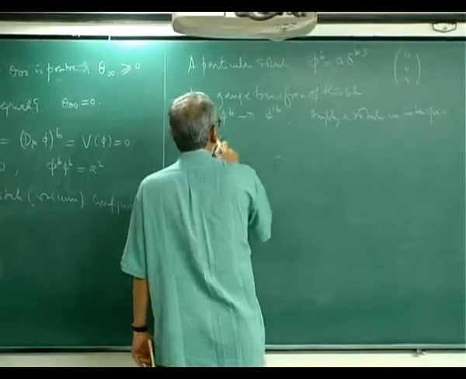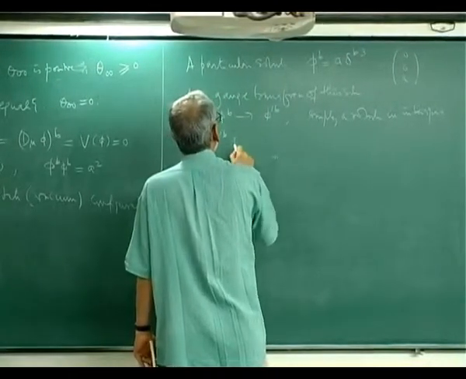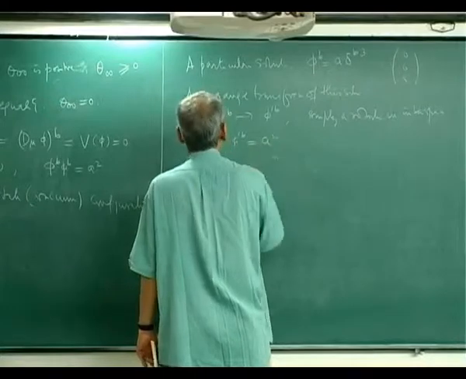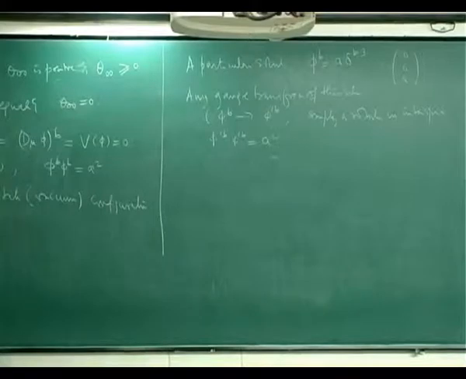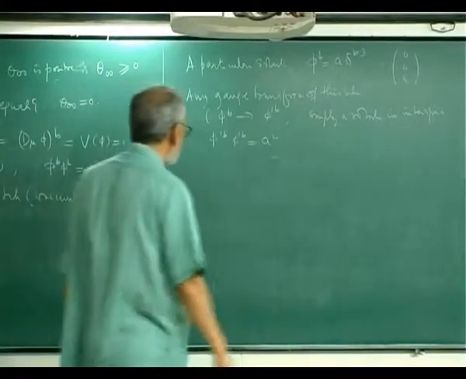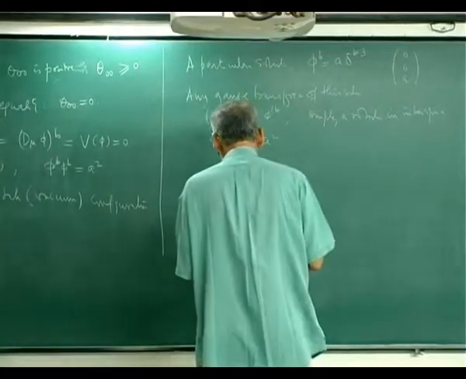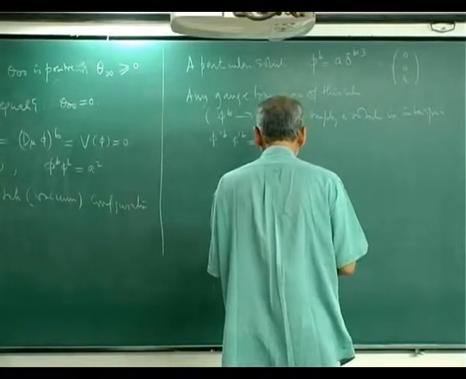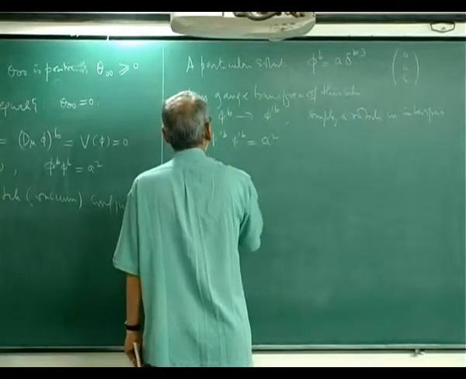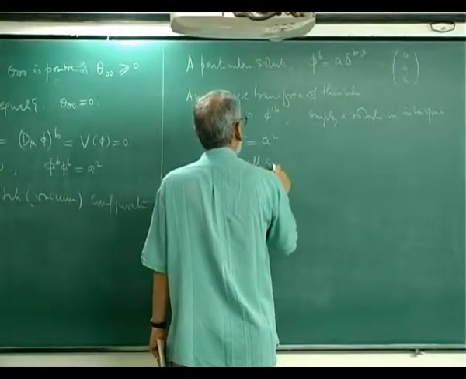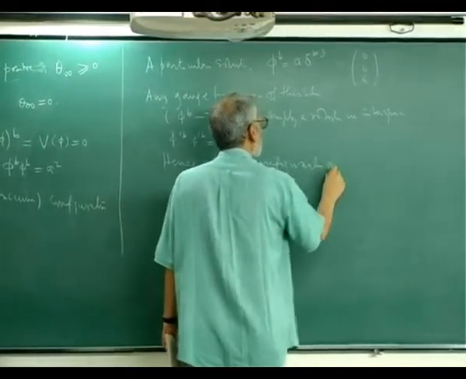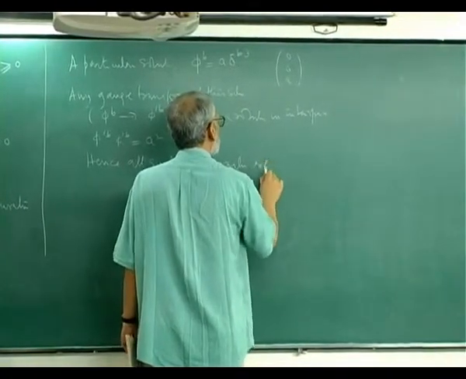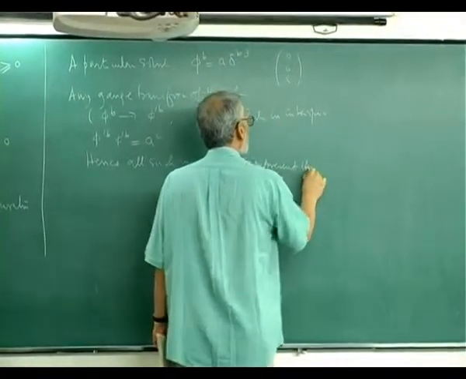So phi prime b is a square. Hence, all such configurations represent the ground state.